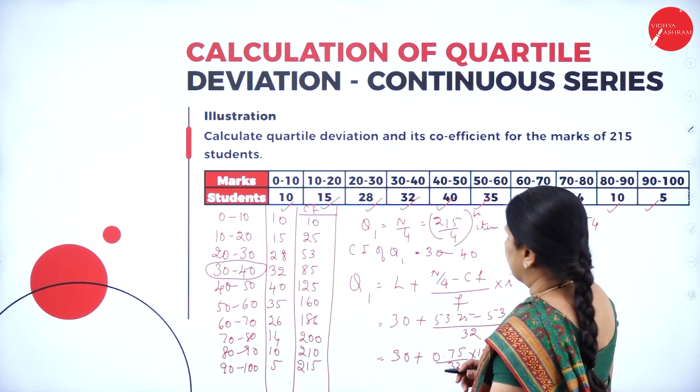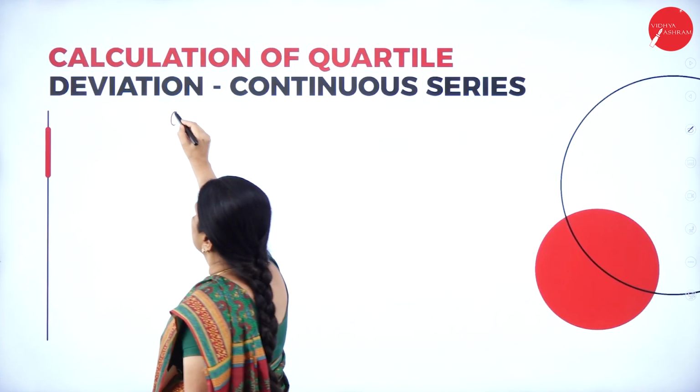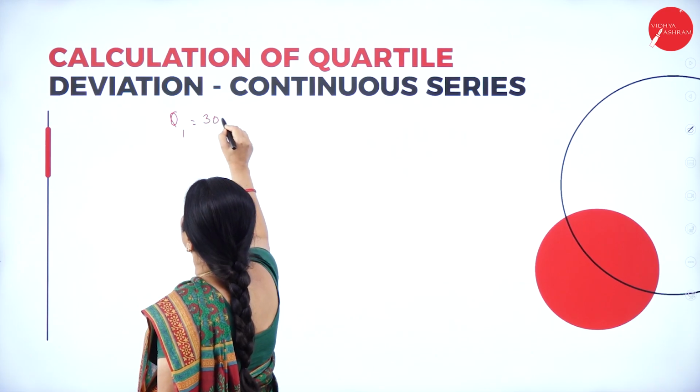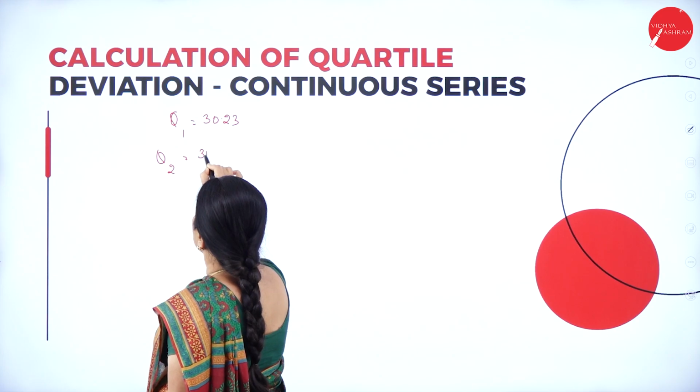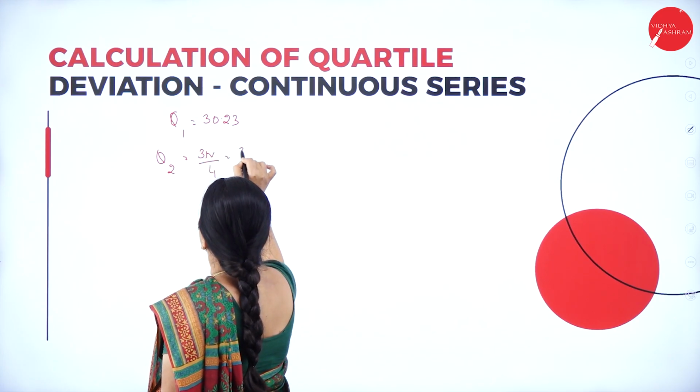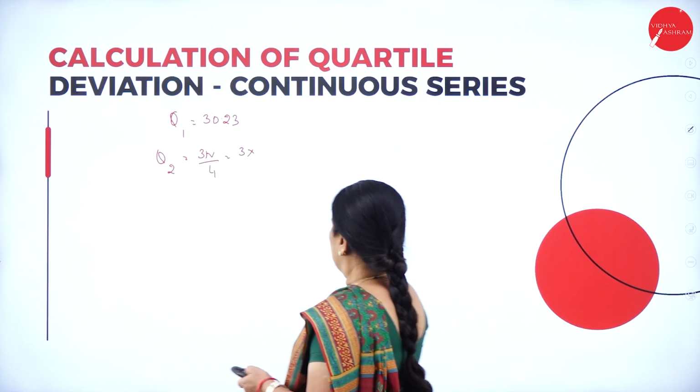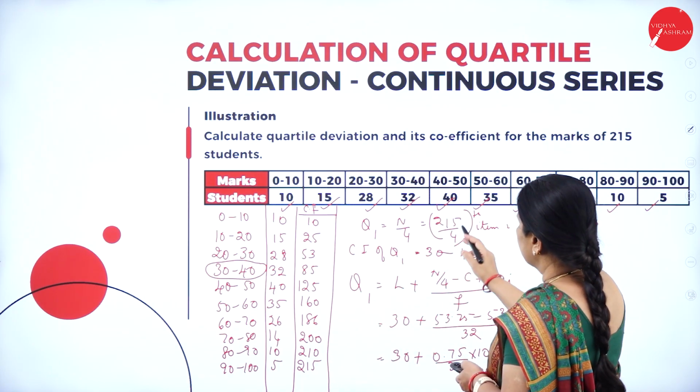Now we have to find Q3. So we got Q1 equals 30.23. Now Q3 will be 3n by 4. Just see here, what is n here? 215.